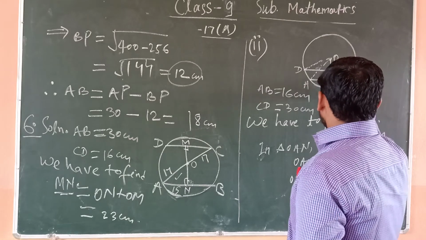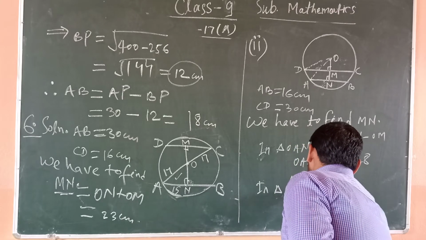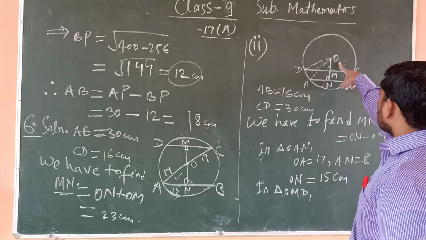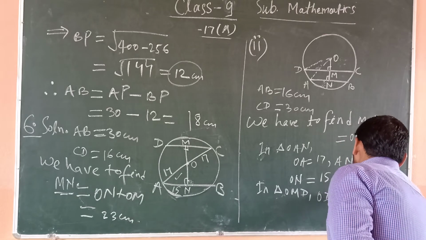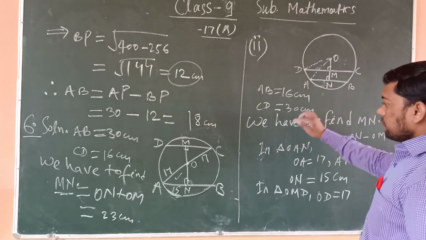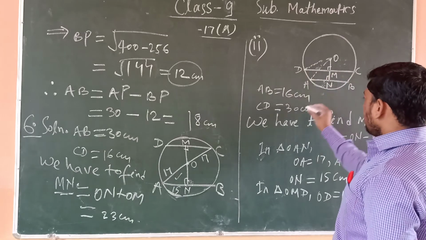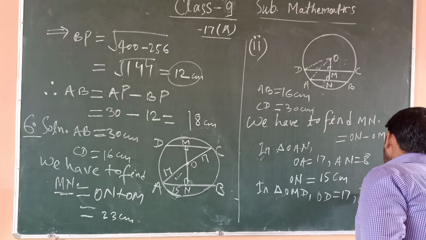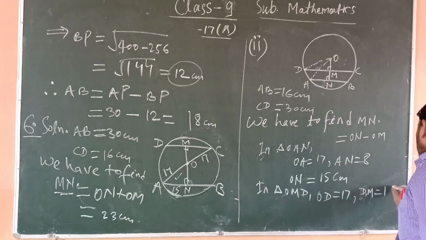In triangle OMD, OD is 17 centimeter, OD is radius, and the length of CD is 30, so the length of MD, or DM, is half of CD, 15 centimeter.